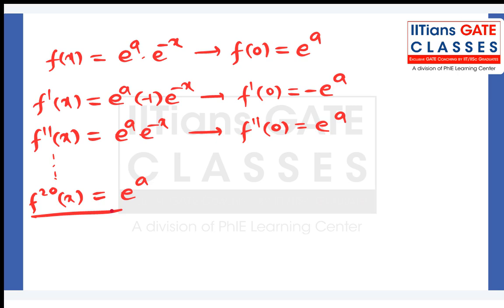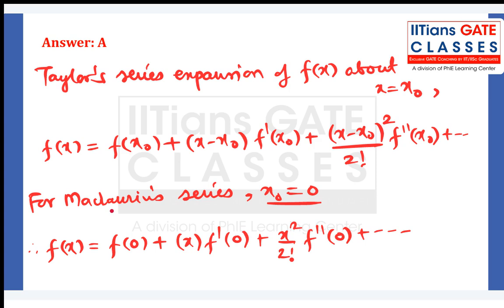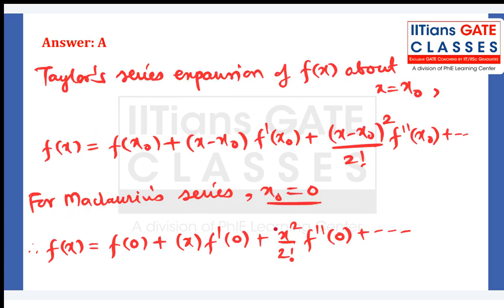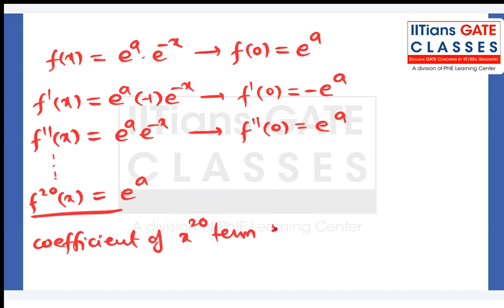Okay, and they're interested in the whole term, the coefficient, right? So the coefficient of x power 20 term will be nothing but x power 20 divided by 20 factorial into the 20th derivative of your f of x evaluated at 0.